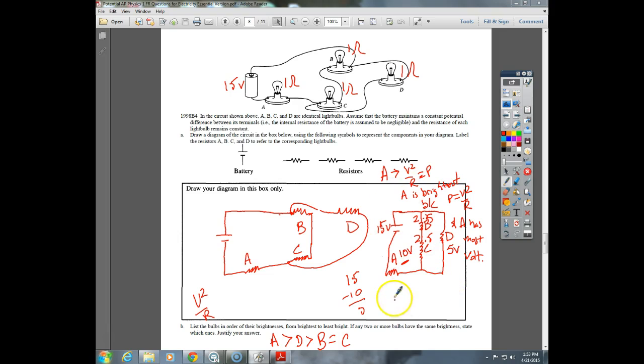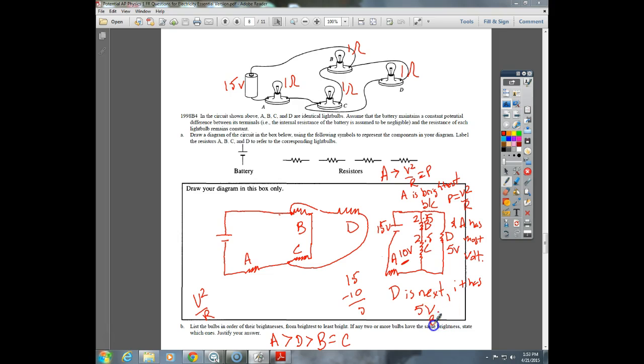Your next brightest, so I would say D is next. Oops, you know what? This one was really has the most voltage. Yeah, it has 5 volts.